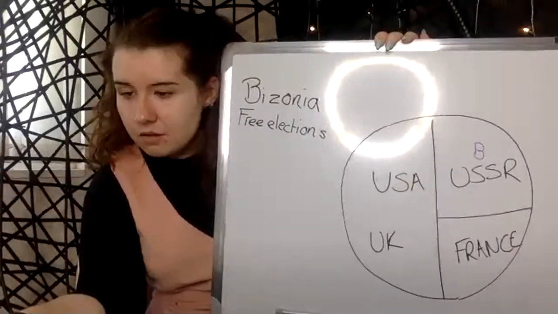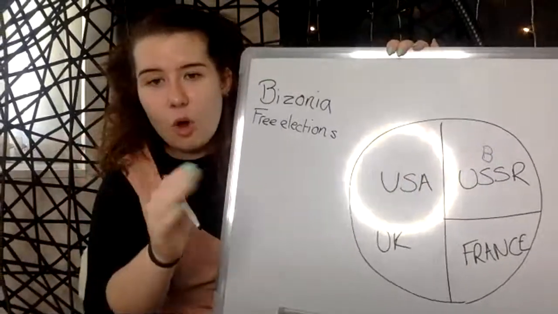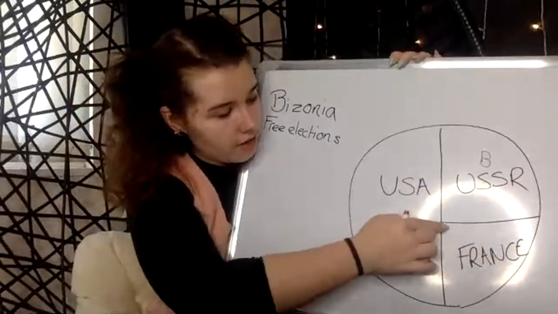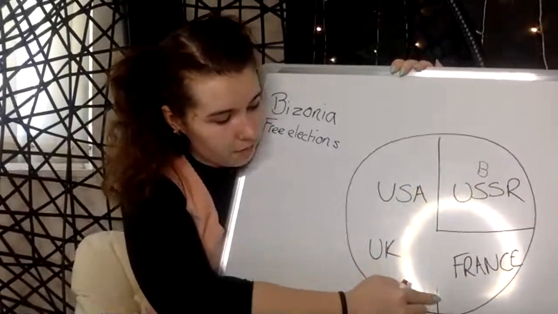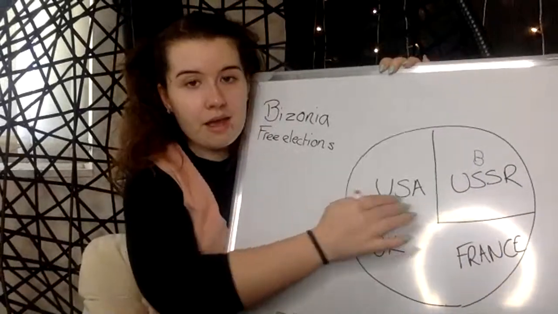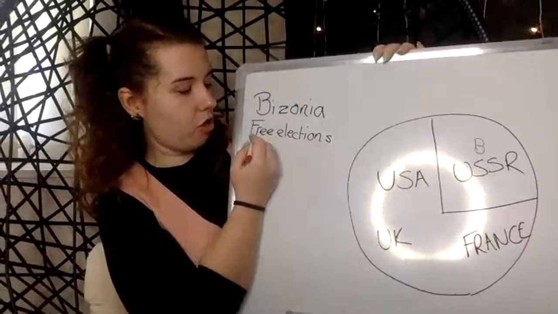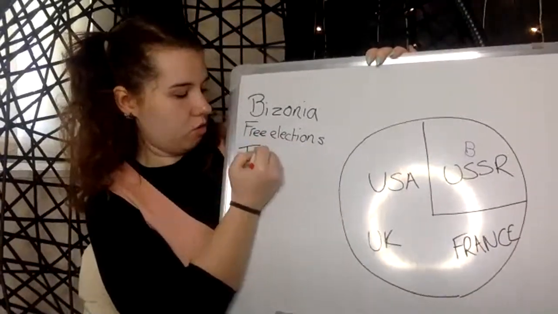They then decide that France wants to get in on the act here, and they say, we're going to merge as well. So we'll have West Germany and East Germany. So when the USA, the UK, and France then merge their zones, it turns into trizonia.